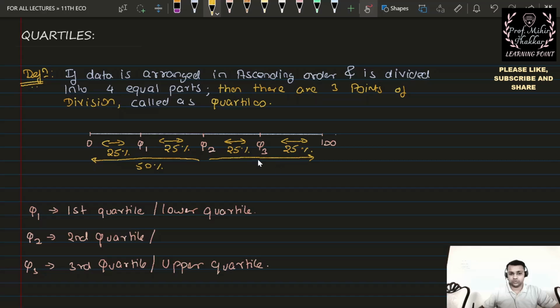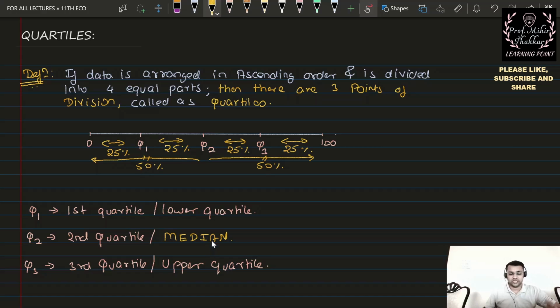Above Q2 also there is 25 and 25, 50% of the data. So it means that Q2 is dividing the data into 50-50. Both the parts to the left and the right of Q2 are equal to each other. And therefore, the second quartile also represents the value of the median of the given data.